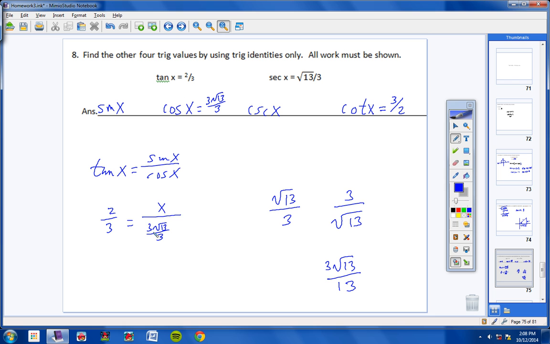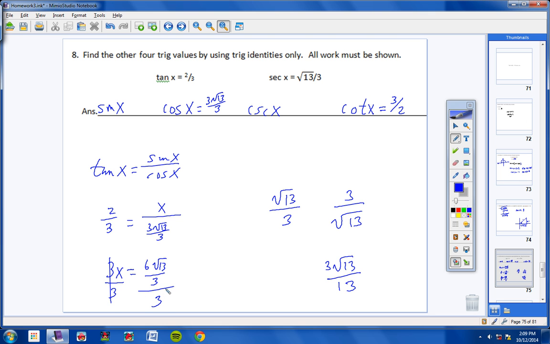Now for me, anytime I have 2 fractions equal like this, I'm going to cross multiply. It makes it a lot easier. So 3 times x would be 3x. And 2 over 1 times this fraction here would be 6 square root of 13 over 13. Now divide by 3 on both sides.